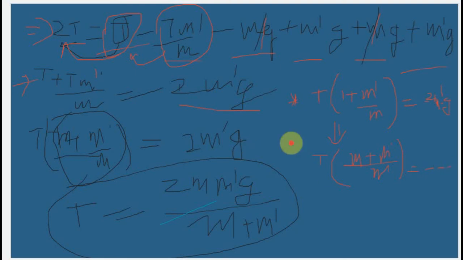So we write it here. Basically I do step jump. Then this term we only cross multiply, so m into 2m prime g is equal to 2m into m prime g divided by m plus m prime.